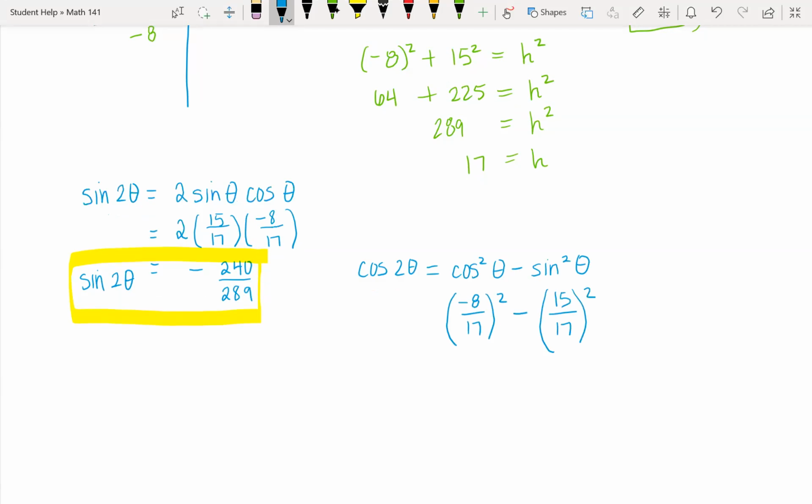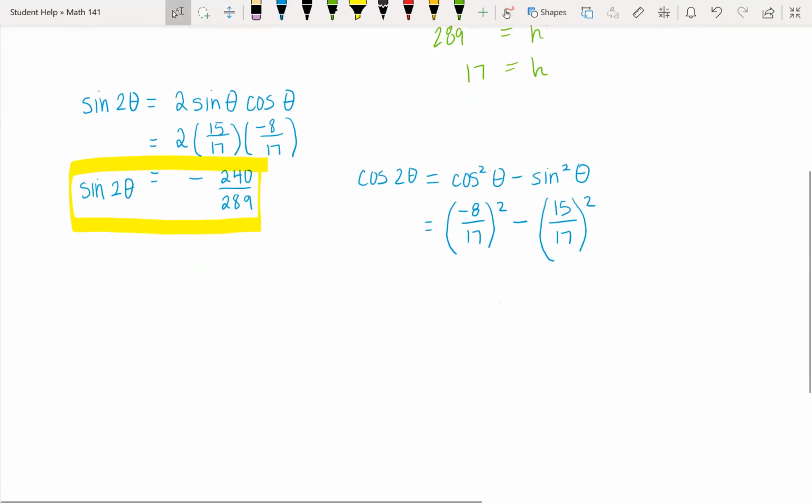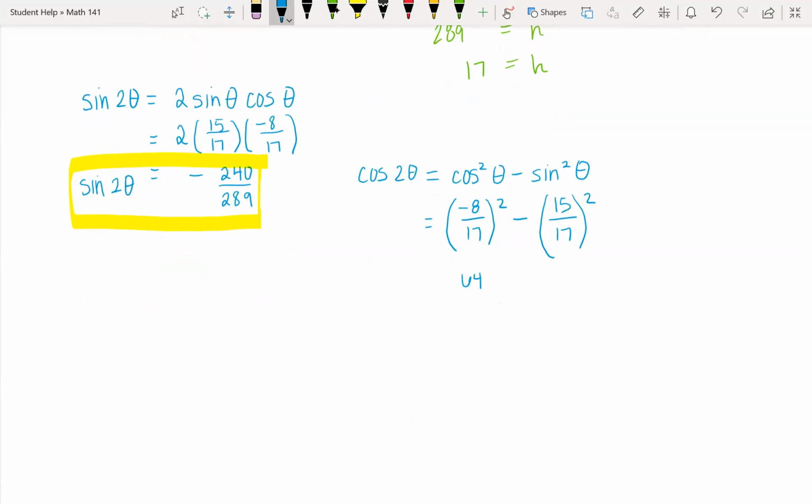We'll square that value. So we have 64 over 289 minus 225 over 289. And that gives us negative 161 over 289. That's the cosine of 2 theta.